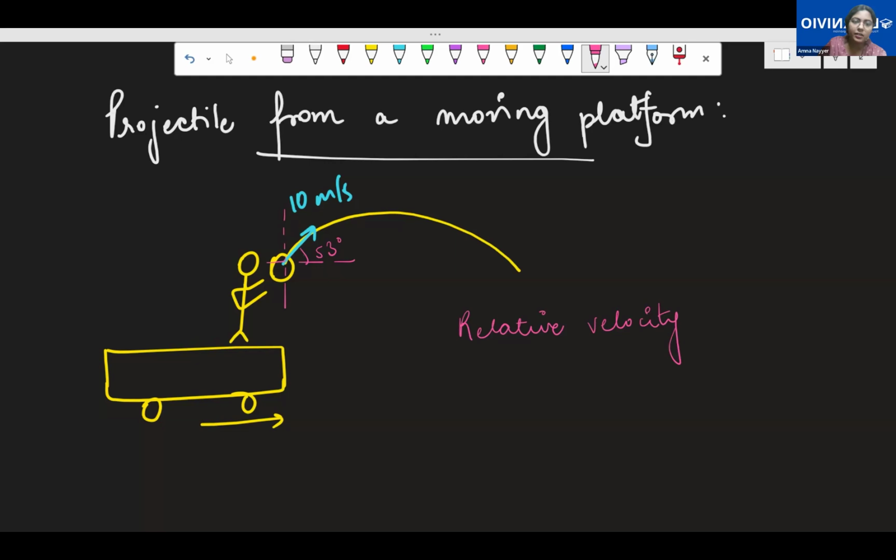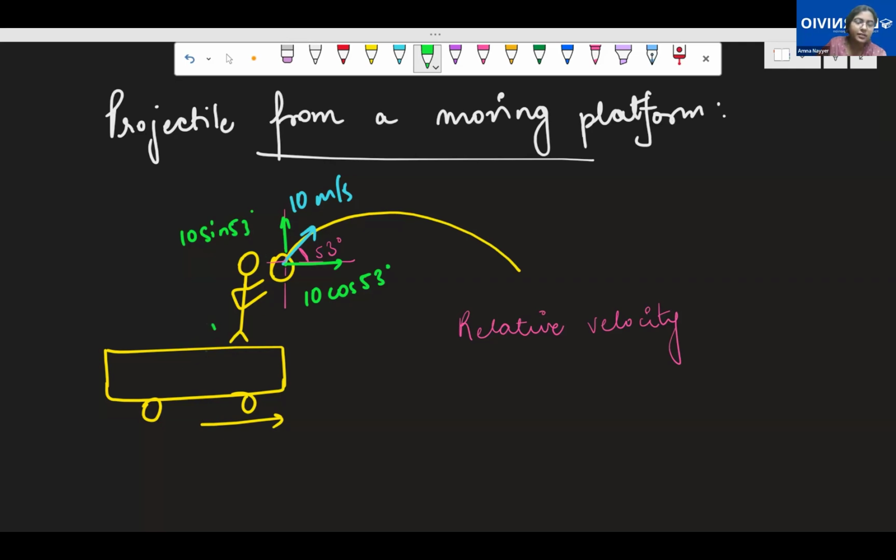Like if this is making an angle of 53 degree, this is 10 meter per second, this one is the perpendicular part, this is the horizontal part. You resolve the vectors first. This will become 10 cos 53 degree, this one will become 10 sine 53 degree. So what do you have? You have now two values.